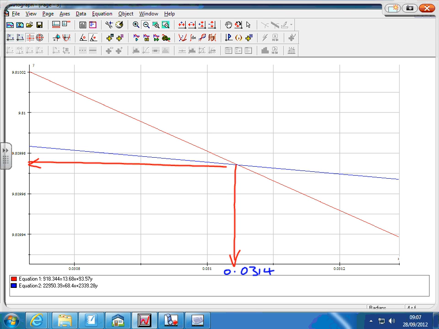No, 0.4. Because that's 0.0311, this point here. So that must be 0.03104 or 05. And this one, about 9.8 something. So about 9.81. It's near enough to 9.81. So let's call that 9.81. I probably zoomed in a bit far. 9.81 and 0.03 will probably do us for values for x and y.